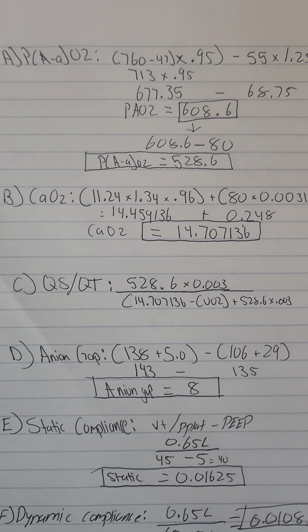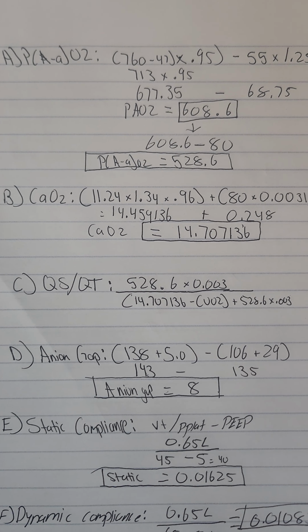It's barometric pressure minus the pH2O, which is 47, multiplied by your FiO2, 0.95, minus your PaCO2, 55, multiplied by 1.25, or you could divide by 0.8. So 760 minus 47 equals 713, multiplied by 0.95 gets you 677.35. And here's all my math that I did for it.